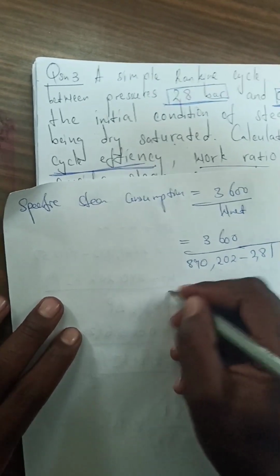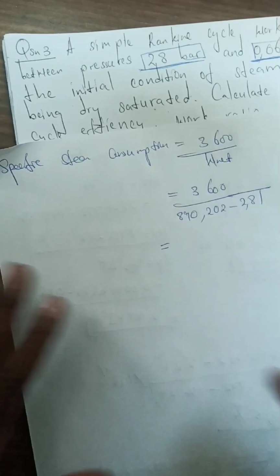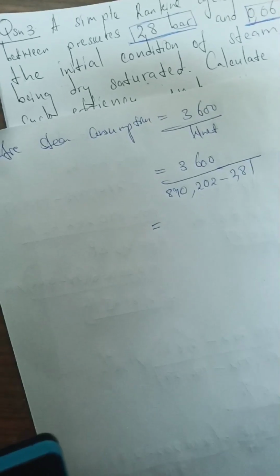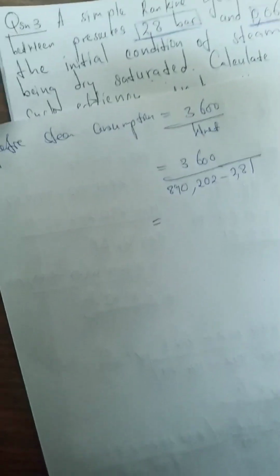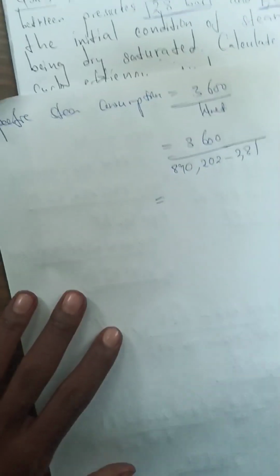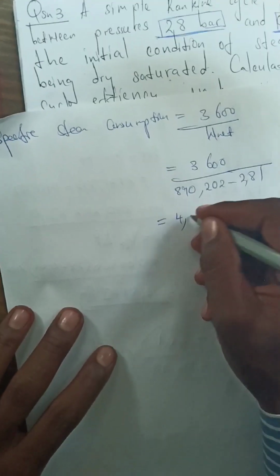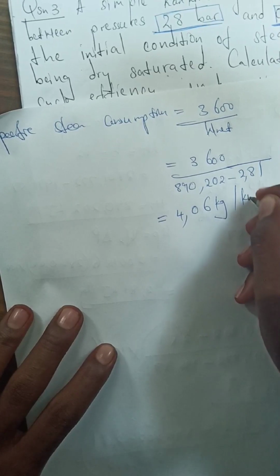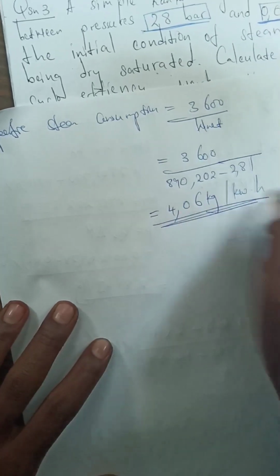So what are we going to do now? We have to just punch it. Our answer is going to be 4.06 kg per kilowatt hour.